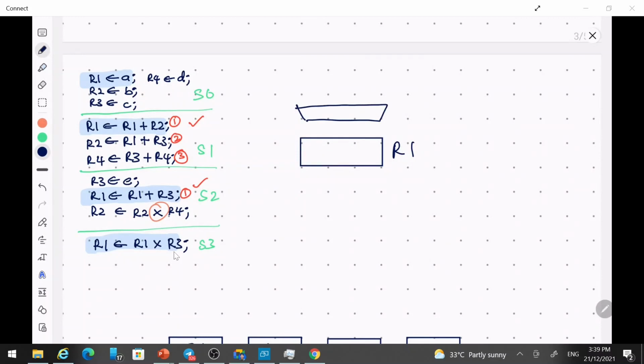A multiplexer where we have A, the result from the adder, and the result from the multiplier. And of course, we need a control signal here. Okay, so that is what we need to have.